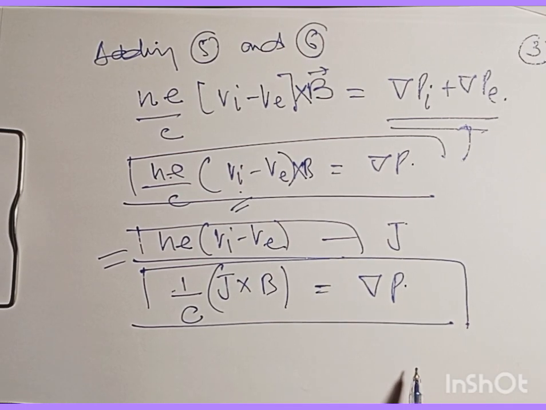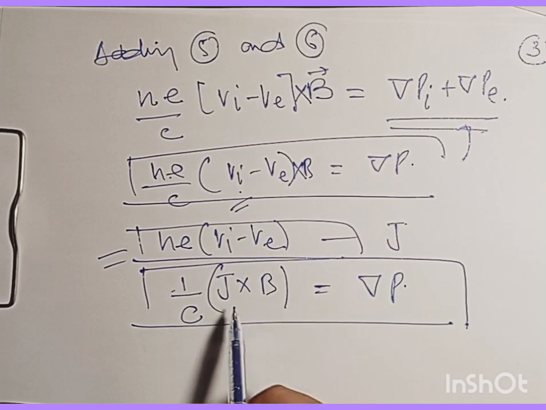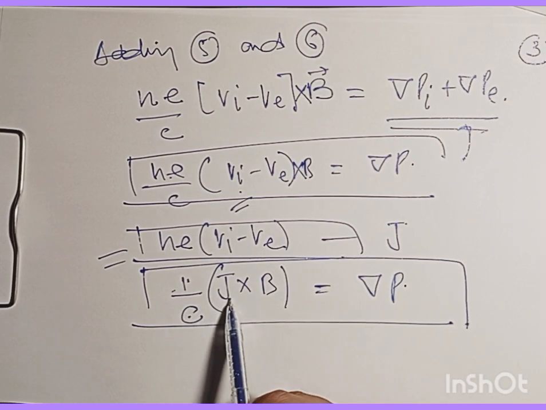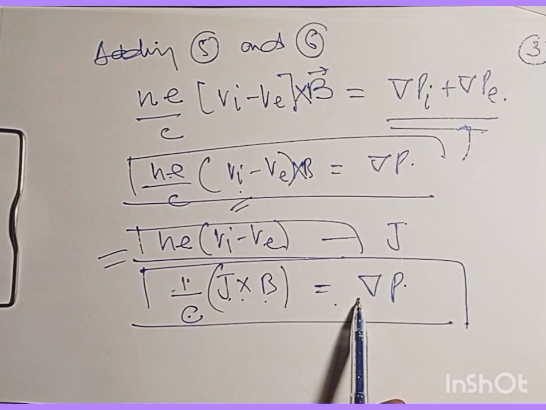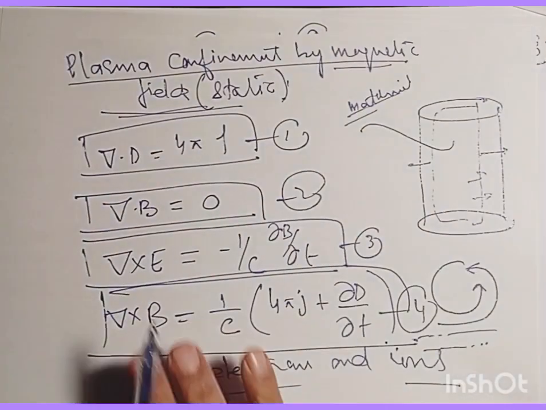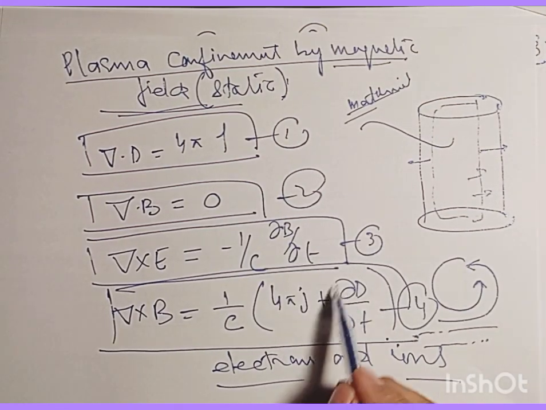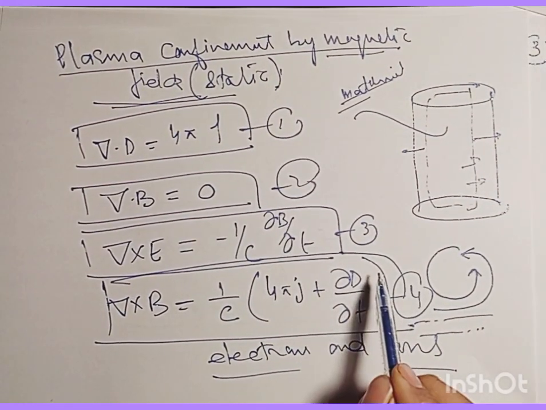Now, if we proceed from here, we can think of using this. What we have here is 1 by c, J cross B is del P. That's correct, absolutely. Now, if we go back to this equation where we have J, since we are talking about the static field, this term will immediately be equal to 0.